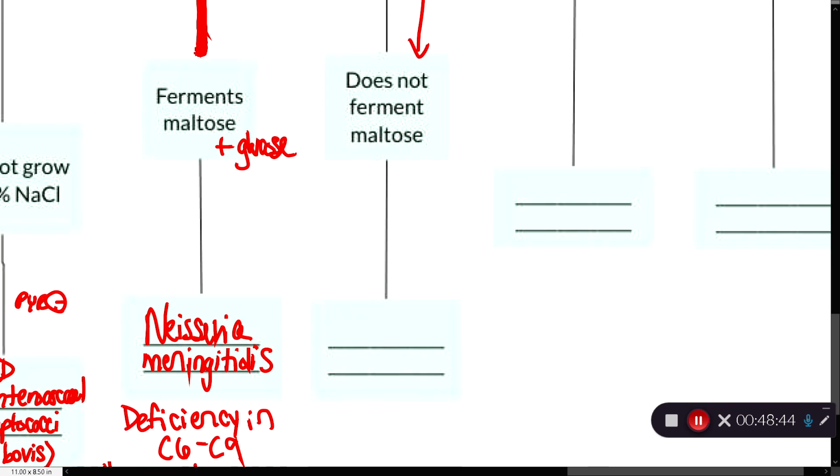So M for maltose, M for meningitis. Okay. So if it doesn't ferment maltose, then it's going to be your number one etiologic agent of the number 2 sexually transmitted disease in the U.S., gonorrhea.